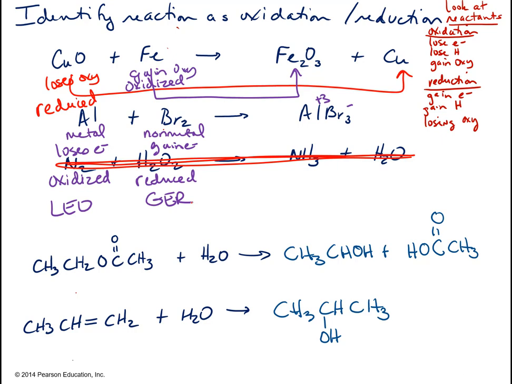CH3CH2O, C with the double bond O, CH3 plus H2O makes CH3CHOH and OHO, C with the double bond O, CH3. What happens in this? Look at the reactants. What happens in this reaction?